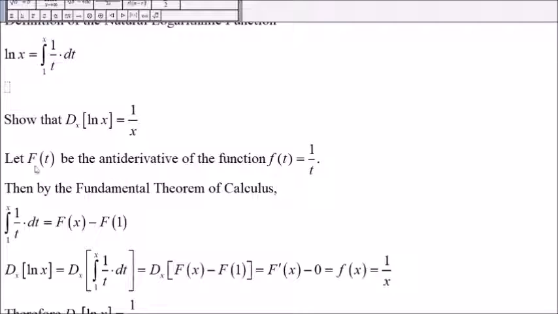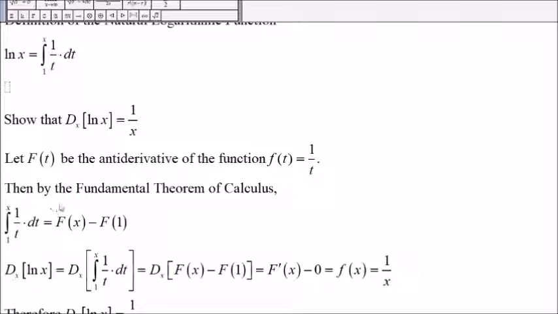First, let F of t, the big F, be the antiderivative of the function 1 over t. This is the function 1 over t, and we'll let the big F be the antiderivative.